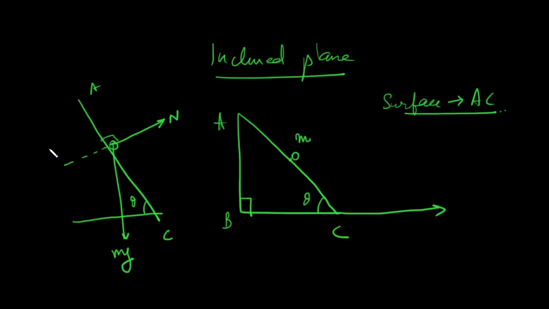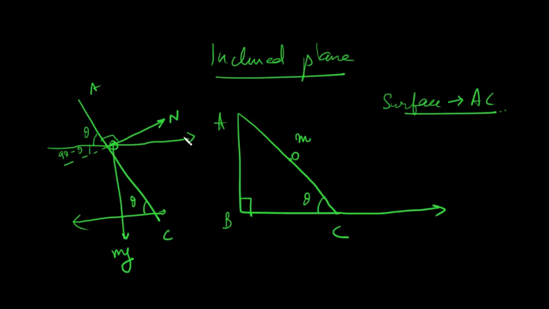Now I draw a parallel line. Since this is theta, this must be theta, and since this whole is 90, this must be 90 minus theta. I extend this, and this axis is parallel to AC.